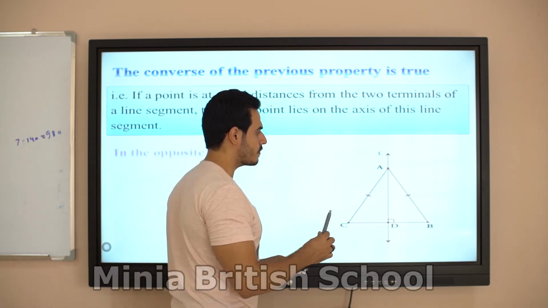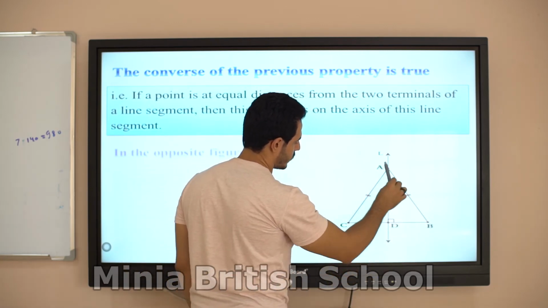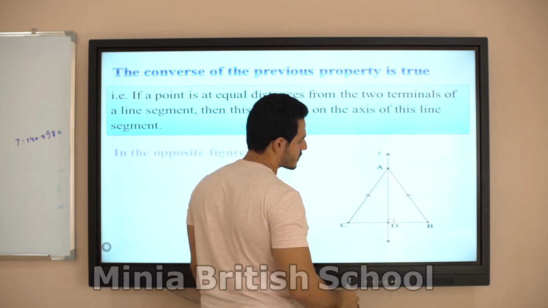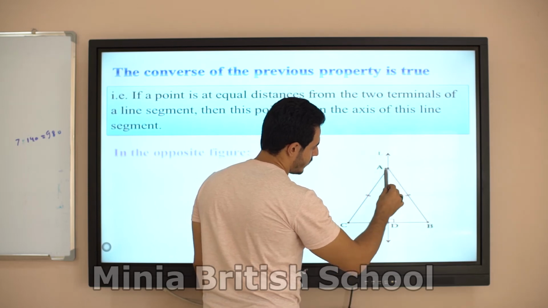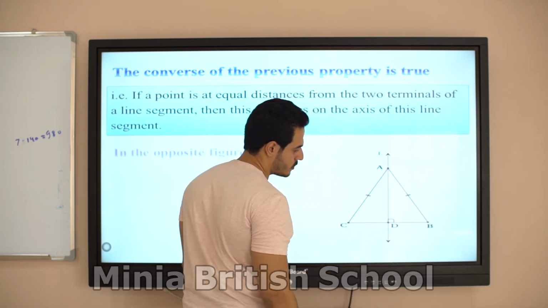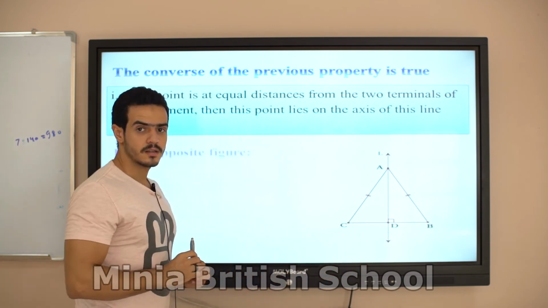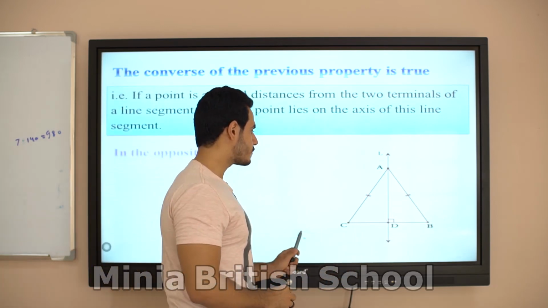Again, if AB equals AC, okay, then L is axis of symmetry, that means AD is perpendicular to BC and D is midpoint of BC. Okay?